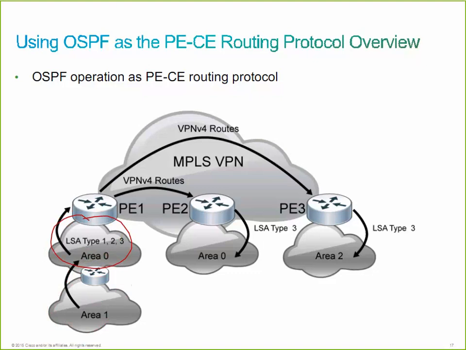We've got our VPNv4 routes because we're adding the route distinguishers to the routes as they go through the MPLS network. So we have area 0 extended across the MPLS backbone, which is possible because we're creating this virtually private network. All right. So we've got type 3 routes that are going to come into this area, and type 3 routes that are going to come into this area.